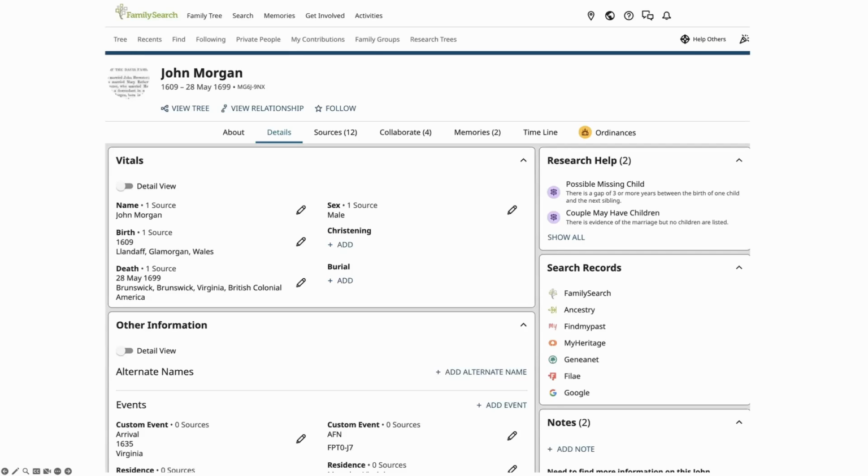So here we have a date in Llandaff of 1609 for a birth. Now, here's the question that comes up immediately: where did they get a birth record? This is not the earliest time for birth records, but it's getting into records that are probably not available in 1609 in Wales.